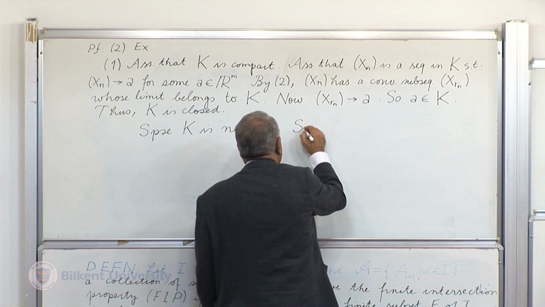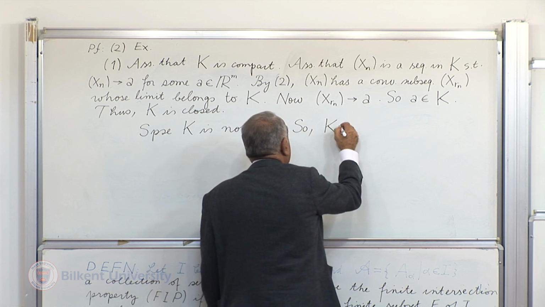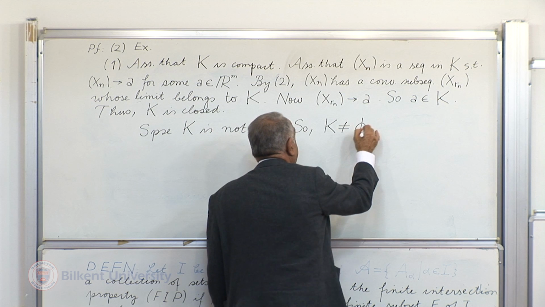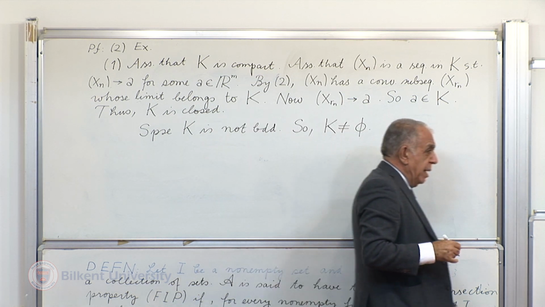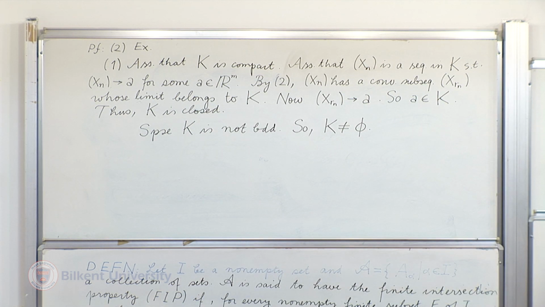So, K is not empty. Since we have in mind using statement 2 in proving that K is bounded as well, let's try to construct a sequence using the unboundedness supposition such that it has no convergent subsequence.